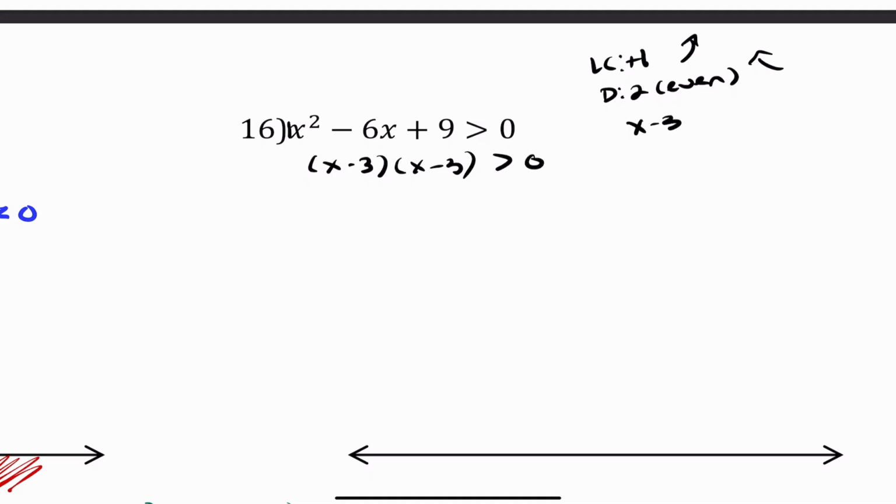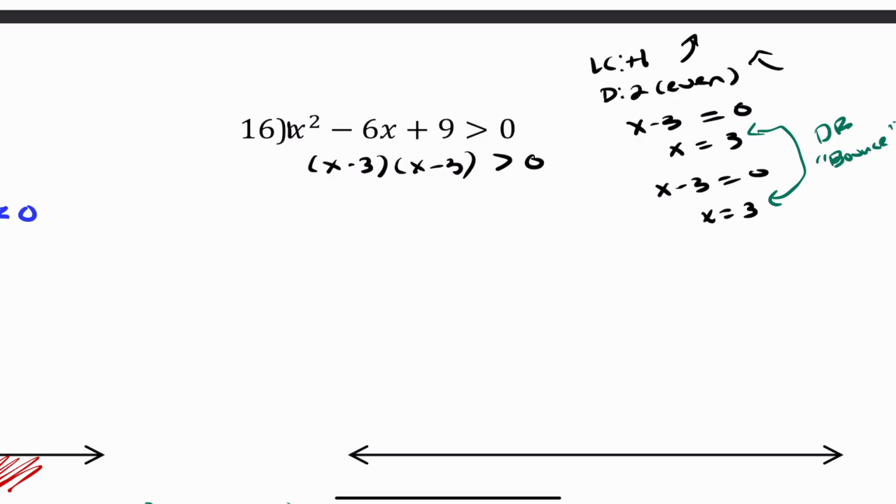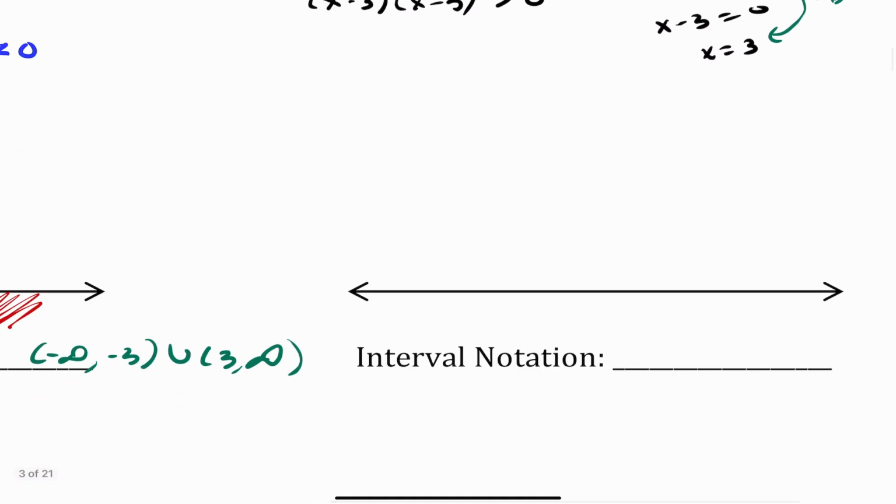So x minus 3 equal to 0, x is equal to 3. And then x minus 3 again equal to 0, so x equals 3. Now notice that we have x equals 3 twice, so that's a double root, and that's going to bounce.